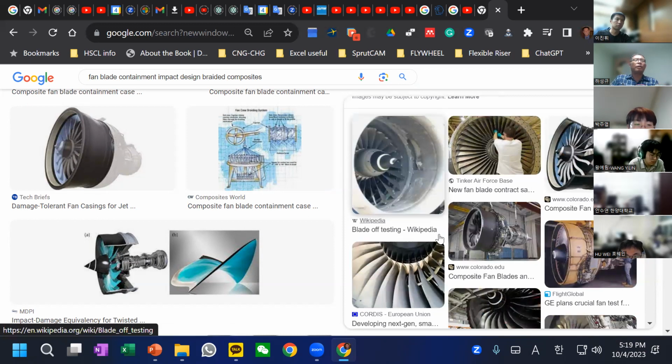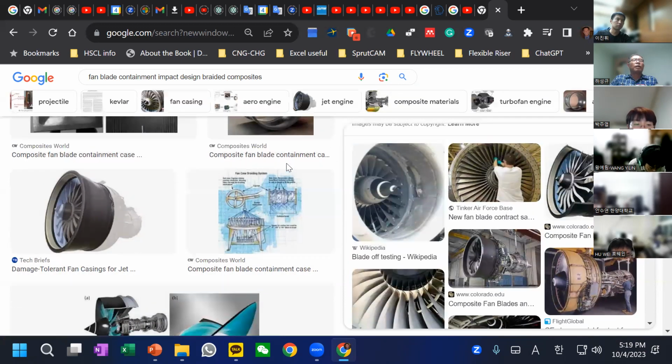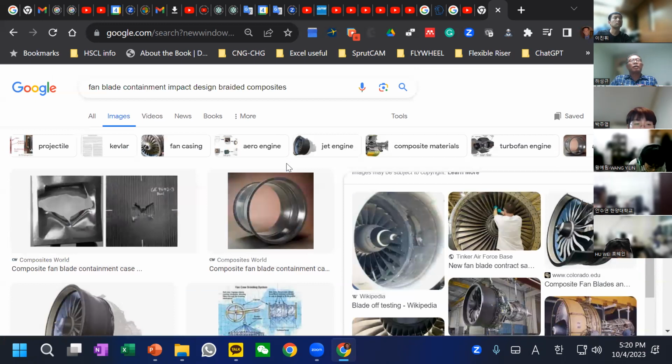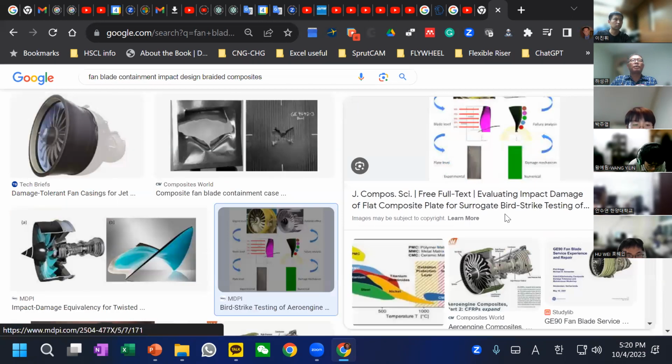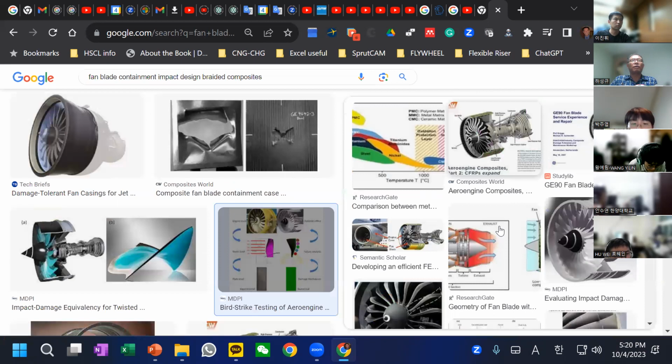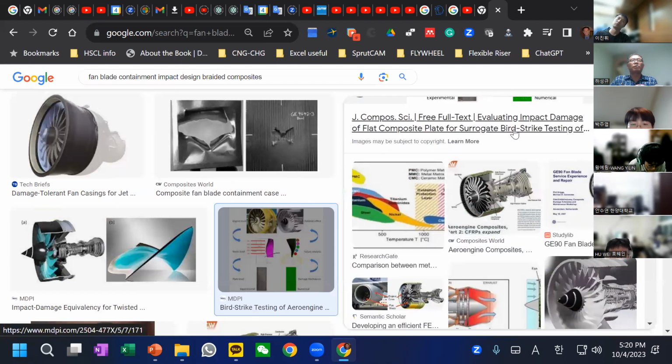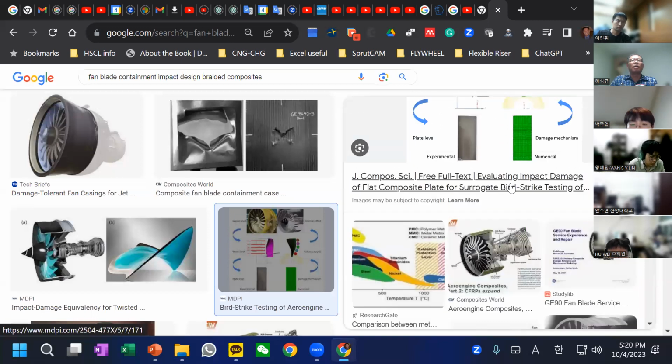Anyhow, I cannot cover all the applications of composites, but I'd like to give you some idea of how composites can be applied, how they can be simulated, how specific we can think. Like bird strike. You see this one, bird strike.